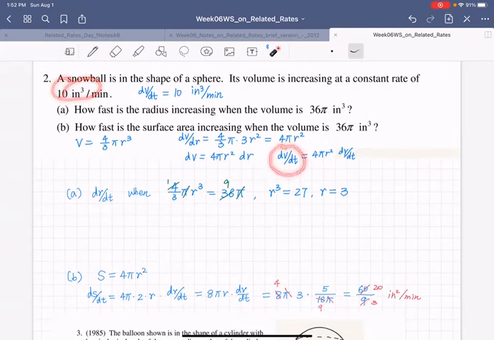This is dv over dt, right? So 10 is equal to 36 pi times 3 squared times dr over dt.